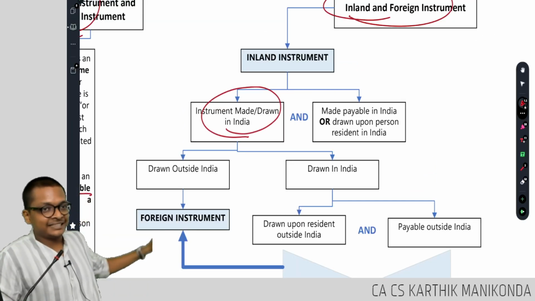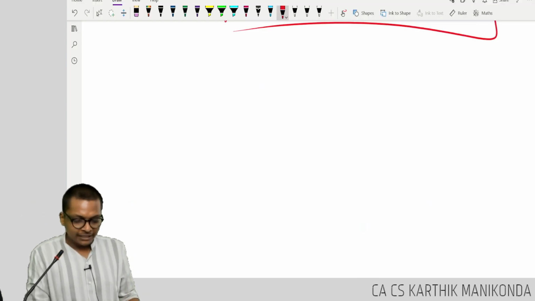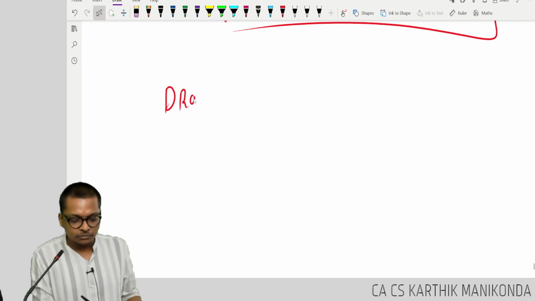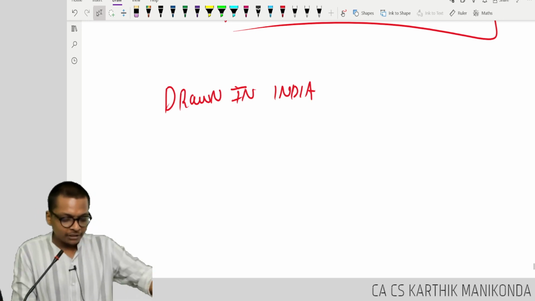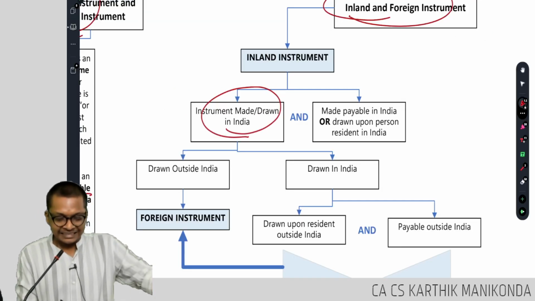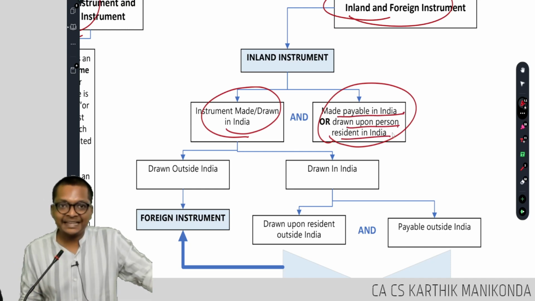I will explain this later. The chart looks confusing until I explain. The first metric is drawn in India. We are going to spend almost 15 minutes over here, guys. This area is a little important. Second metric is made payable in India or drawn upon a person resident in India.